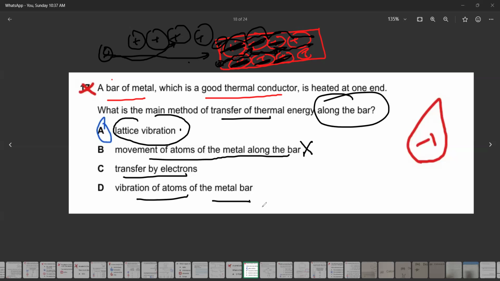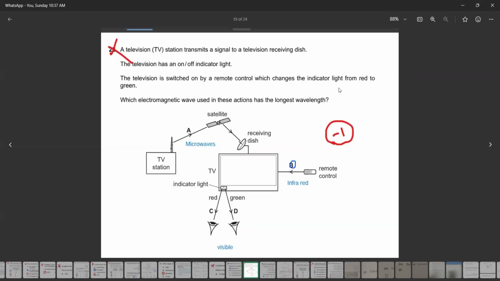Is it clear? So A is not correct. Mainly, electrons move from one end, collide with the lattice and transfer energy. The second thing is also the vibration of the lattice, but the main method is the movement of these electrons.